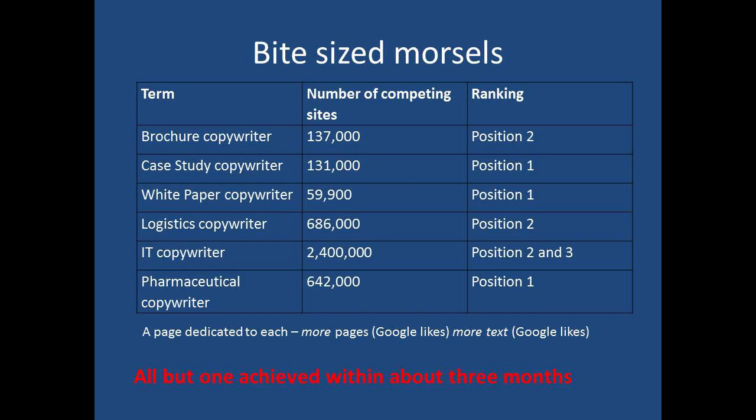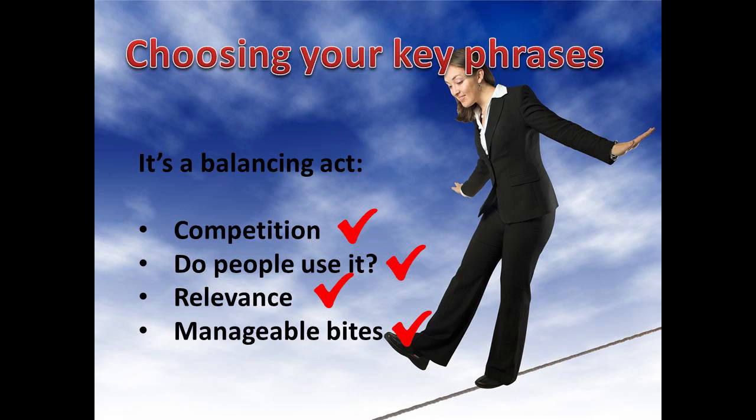The longer term investment, IT copywriter, where the competition was 2.5 million websites, that's reached position 2 and 3 within something like 12 months.